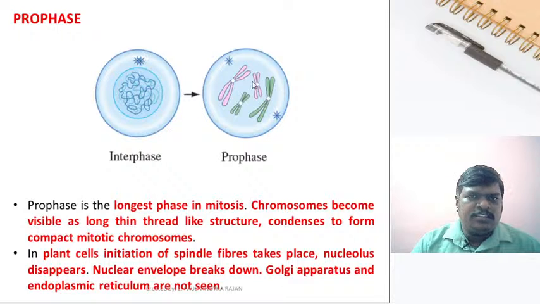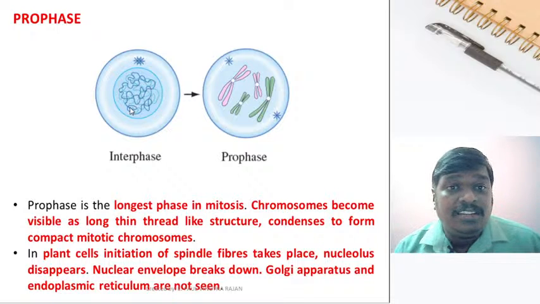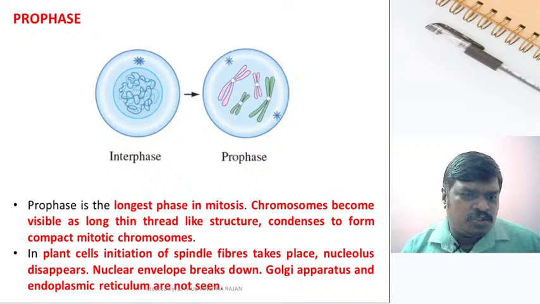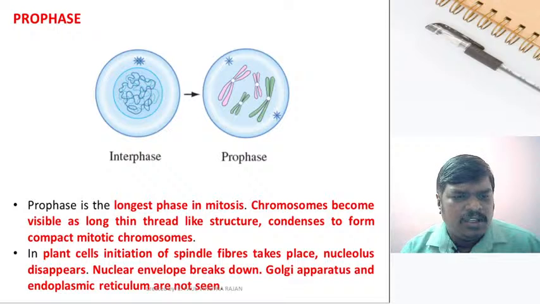This is the centriole. The centrioles divide and move towards the poles, one here and one on the opposite side. Next point, the nuclear membrane and nucleolus disappear. Chromatin threads condense and become the chromosomes. So these are the points I want you to copy.